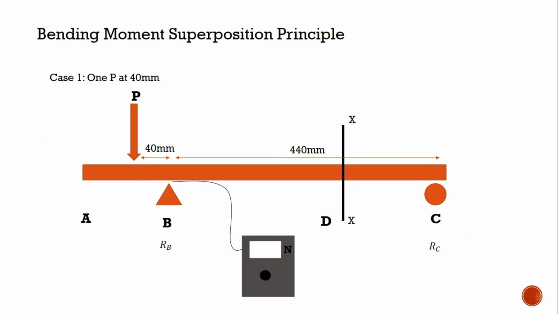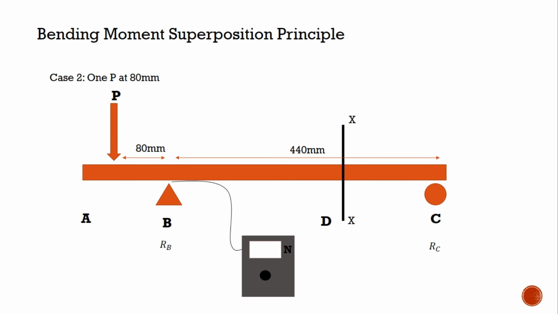Bending moment superposition. For the bending moment superposition principle, we have 4 cases. For case 1, we have 1P at 40 millimeters from point B, and the distance between B and C is 440 millimeters. This distance is kept constant, but the distance of P from B takes different values.